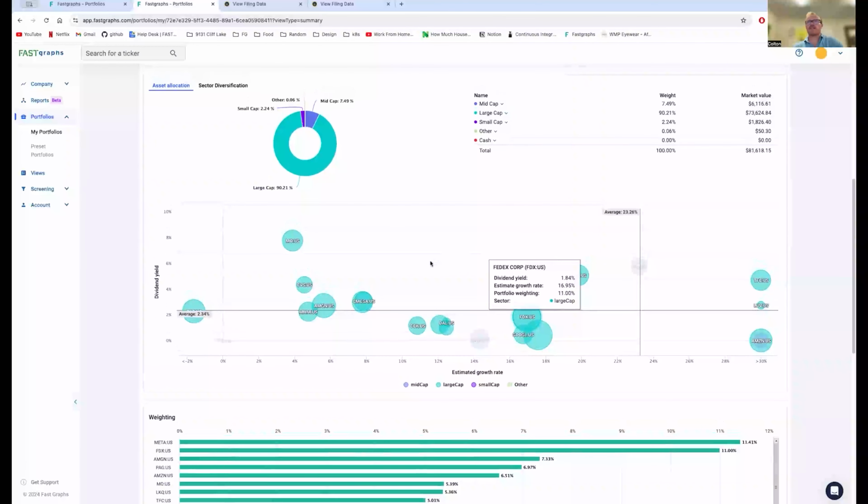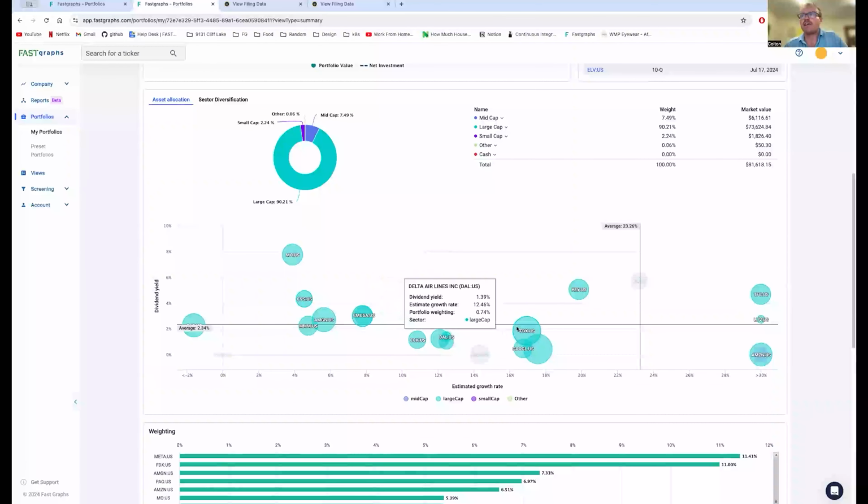Getting back to this, down here, I have a really interesting chart. This lets me see the estimated growth rate, and this is the growth rate of the SMART metric that we have. So going back to what we talked about at the very beginning of this, it is the estimated growth rate of the SMART metric, not of the stock, not of the investment itself, but of the SMART metric, and then the dividend yield.